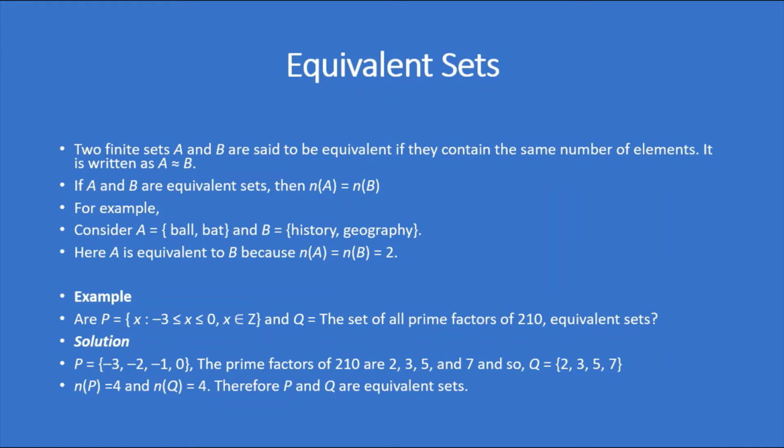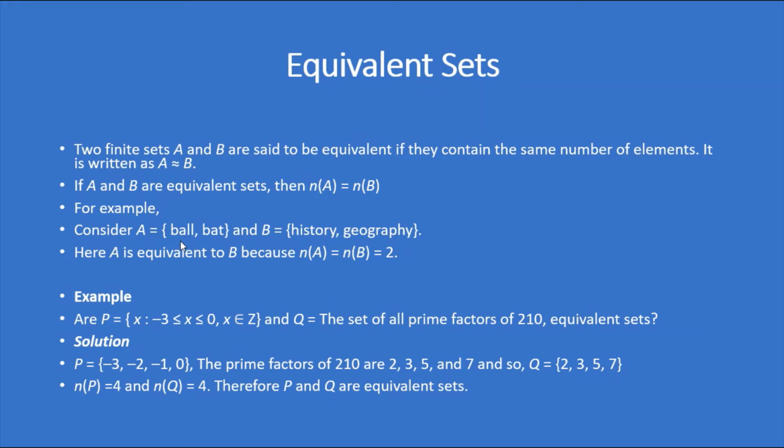Equivalent sets. Two finite sets A and B are said to be equivalent if they contain the same number of elements. It is written as A equivalent to B. If A and B are equivalent sets, then n of A is equal to n of B. For example, we consider A is equal to a set of ball, bat, and B is equal to a set of history, geography.